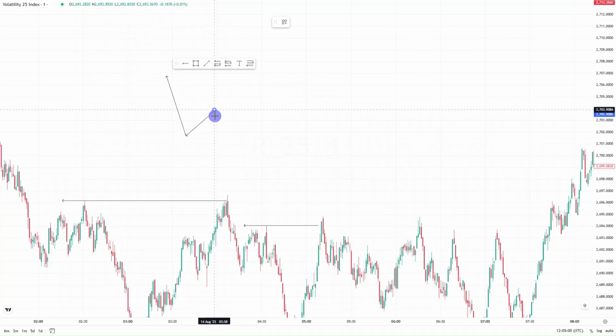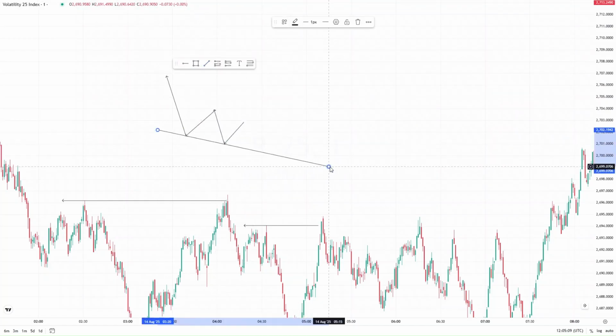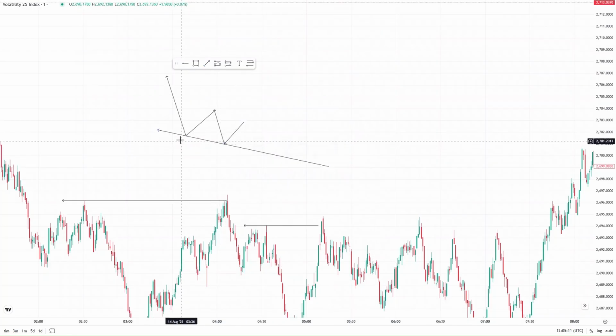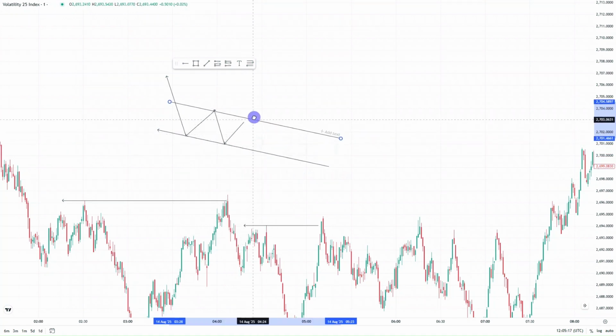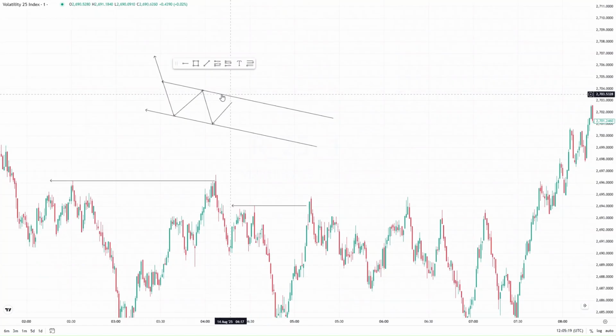I would want to see equal, parallel sides, like these ones. And then I would clone this part right here and put it on that middle part, which I call the midpoint. So what you would want to see is price coming back to that midpoint.